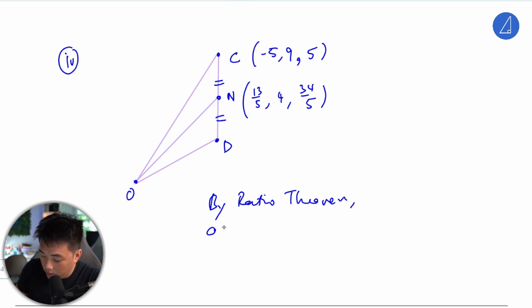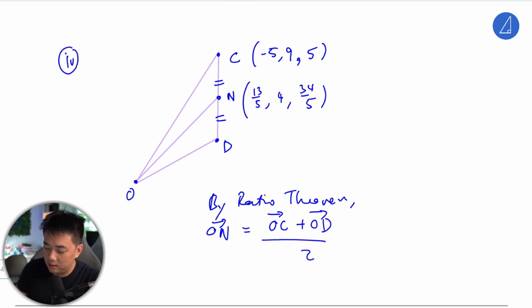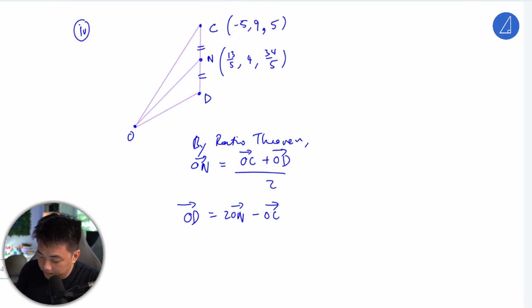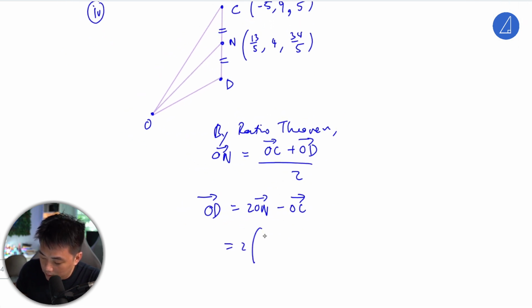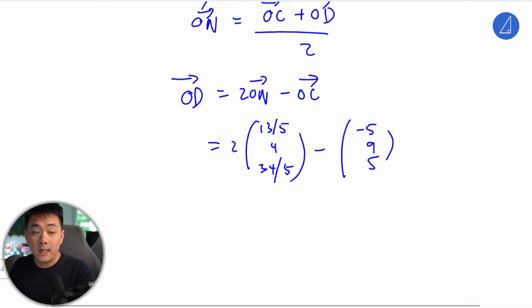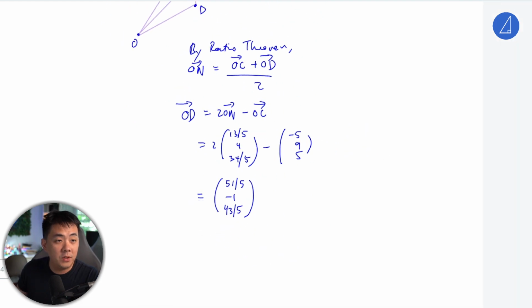We have ON, which is the middle guy, is OC plus OD divided by 2. Just find OD. OD is 2N minus OC. So it is 2 times (13/5, 4, 34/5) minus of minus (5, 9, 5). Then just key in the calculator. So this is the position vector of D.